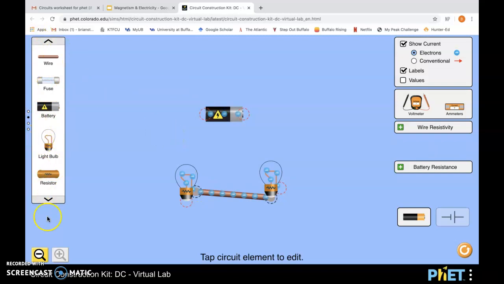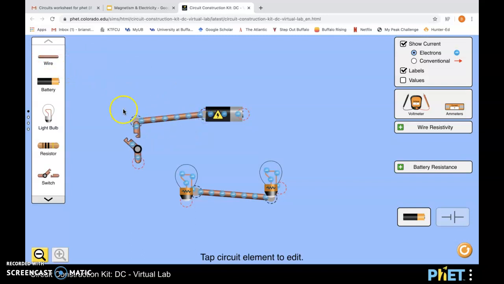And then we're going to need some sort of switch, right? So let's go to our switch. Not a Nintendo Switch. We're talking about this kind of switch. Maybe we go over here with it. And we're going to make some more wires so we can connect these over here. And you need these to connect at these different dots. See how I'm doing this? Okay, boom, boom. We're connecting.